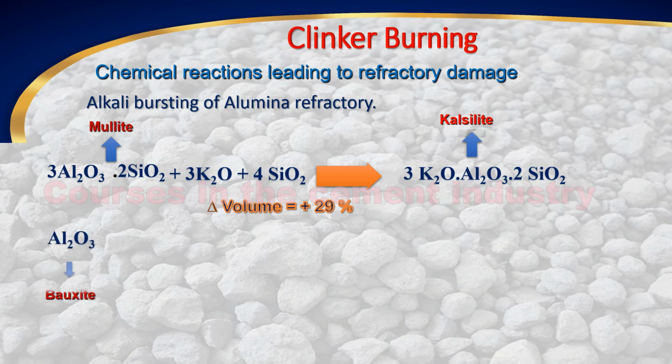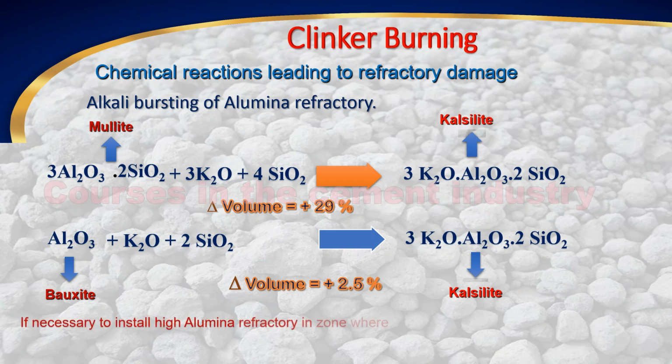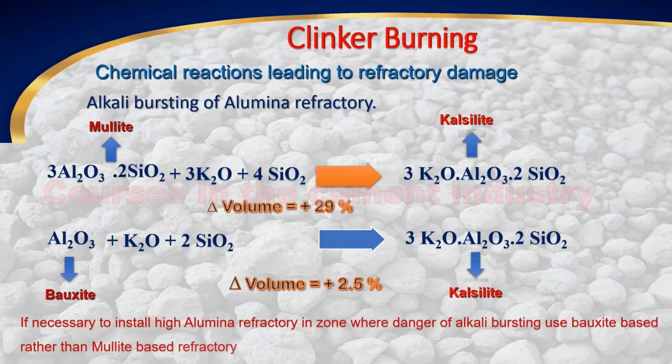Al2O3, called bauxite, plus K2O plus 2SiO2. Result: 3K2O·Al2O3·2SiO2, called kalsilite. Delta volume equals plus 2.5%. If necessary to install high alumina refractory in a zone where there is danger of alkali bursting, use bauxite-based rather than mullite-based refractory.